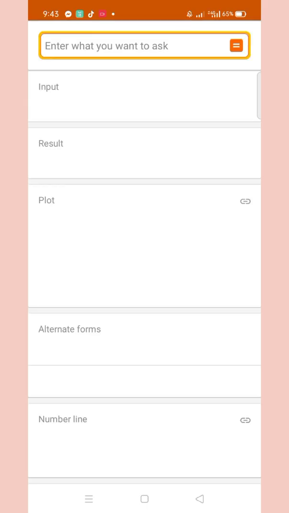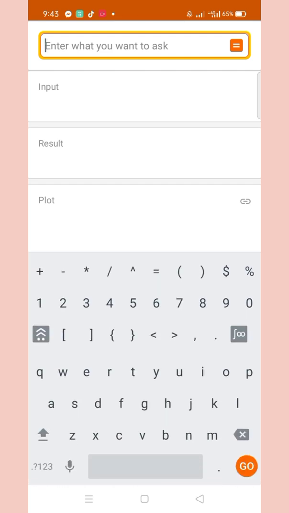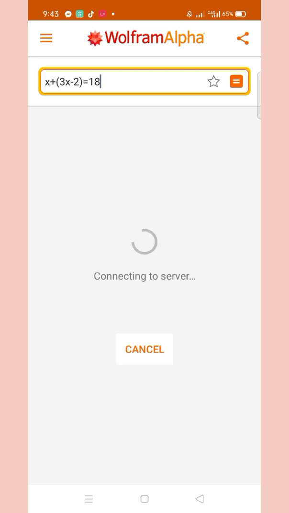For example, we want to calculate an equation. Let's just type the equation here and let's wait for the answer. So we will type x plus the quantity of 3x minus 2 equals 18.